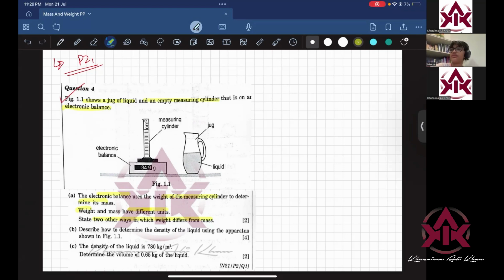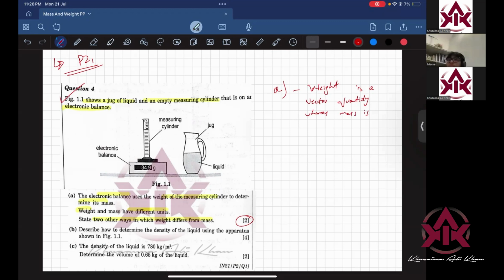Good, right? So let's start with part A. We need to state two differences here because it is 2 marks, so you have to be precise. We can simply say that weight is a vector quantity, whereas mass is a scalar quantity. What other major difference does it have?